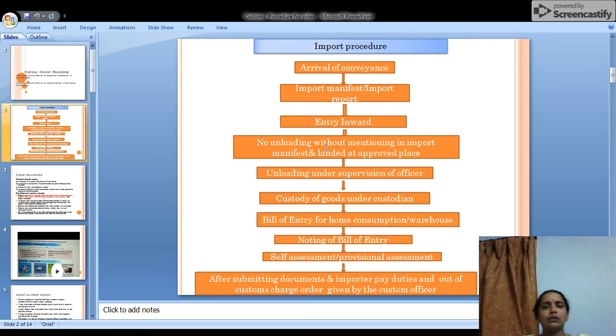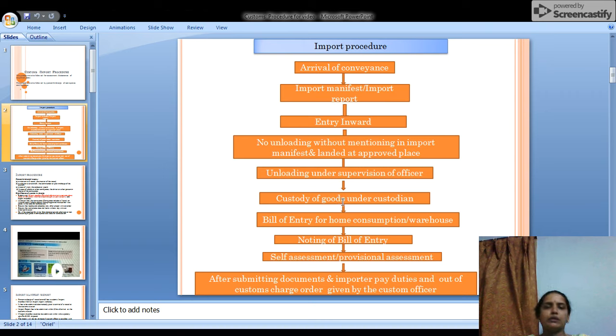Only the goods mentioned in the import manifest need to be unloaded, and unloading will be under the supervision of the officer, only at the approved place. After unloading, the goods will remain under the custody of whom?